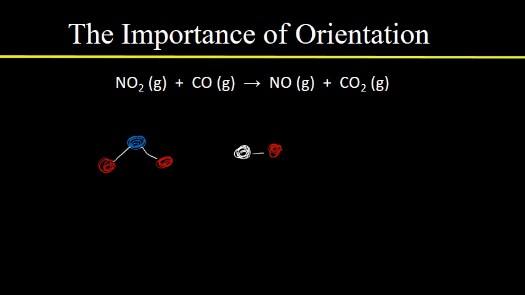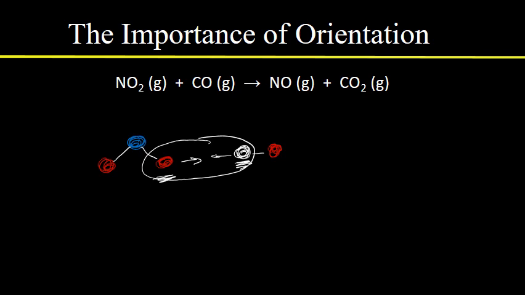As these come together, the carbon collides with the oxygen on the NO2 molecule, forming a new bond between these two atoms. So that can only happen if these two atoms collide with one another.